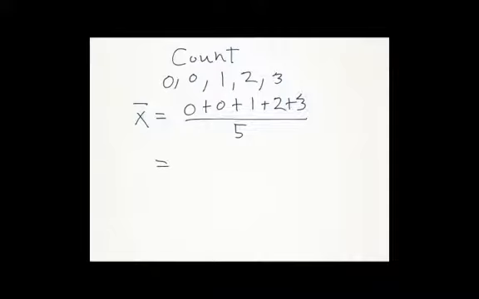So that's 6 divided by 5, which is 1.2. So the mean number of lesions that patients developed here was 1.2.